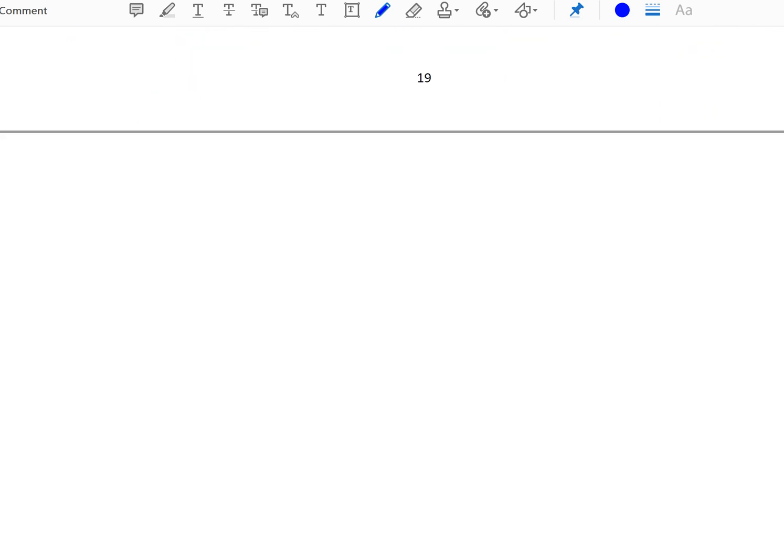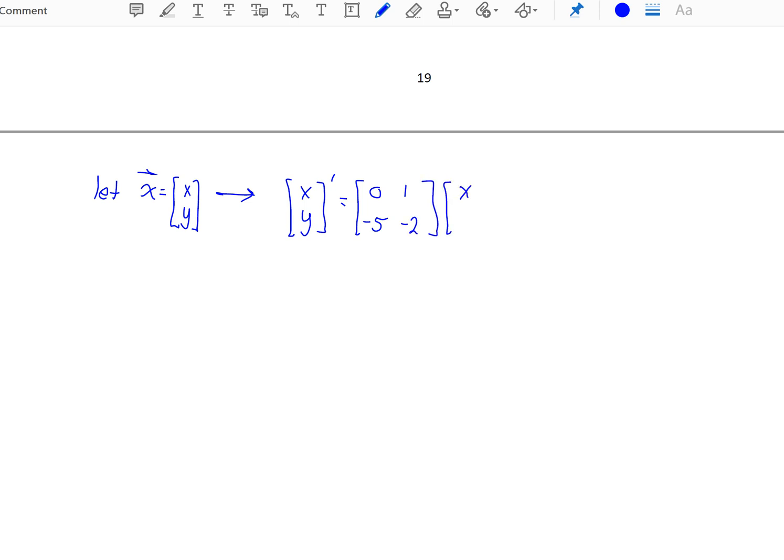So here, if we let the vector x be the vector with two components, x and y, then we're going to have x prime is our matrix times our vector x.